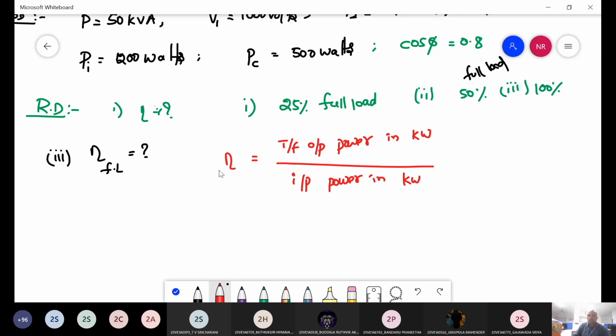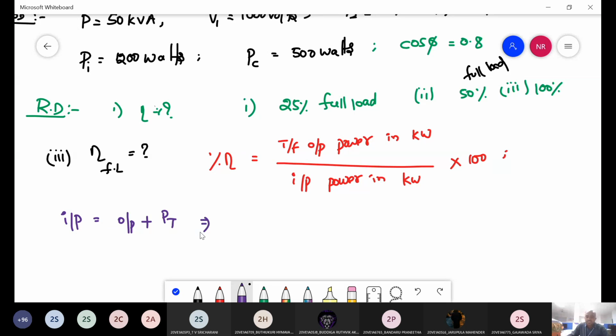If you want the percentage efficiency, multiply with 100. Now suppose I don't know the input, then input is equal to output plus total losses in the transformer.